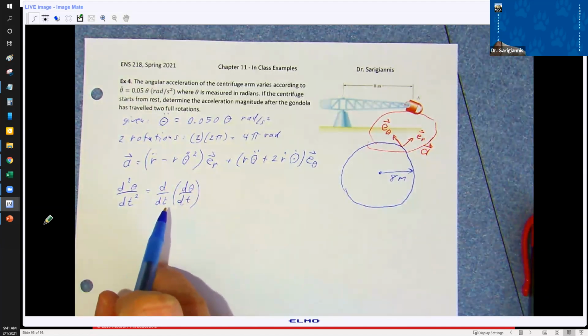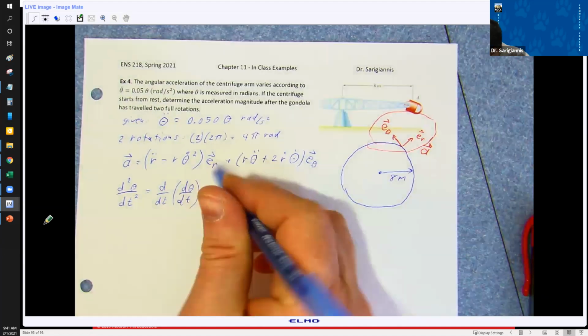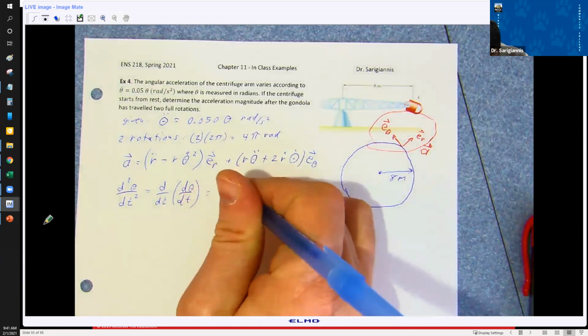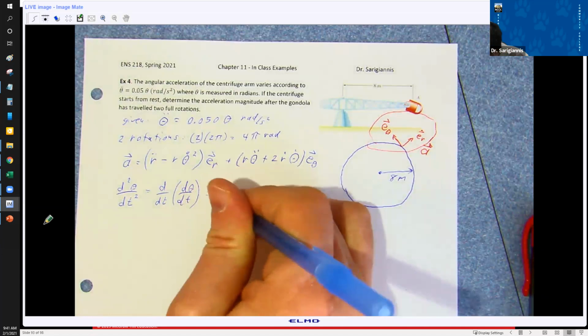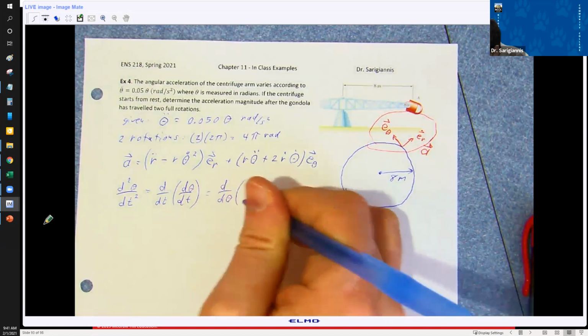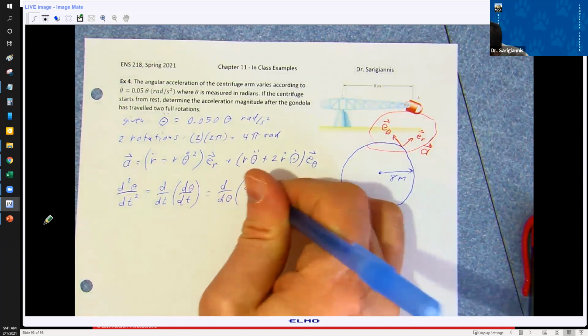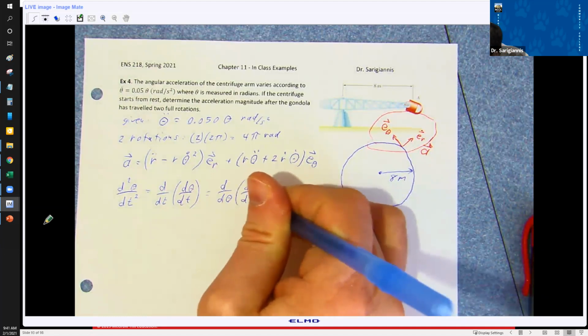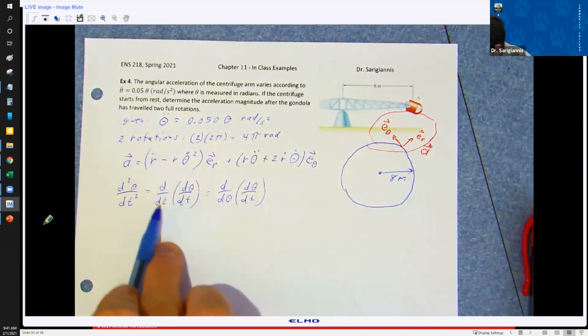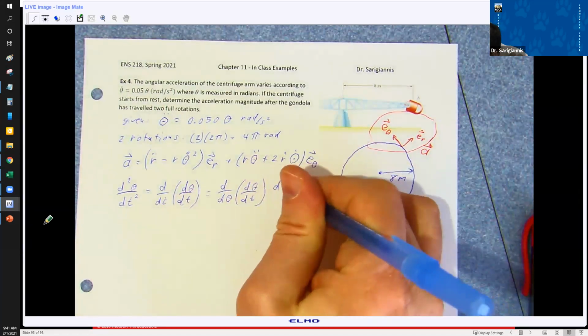Then you can expand this out to equal d theta dot over d theta times d theta dt.